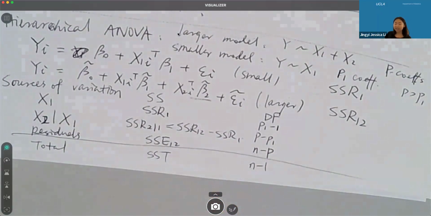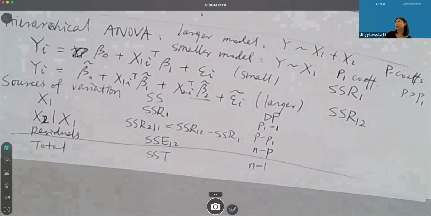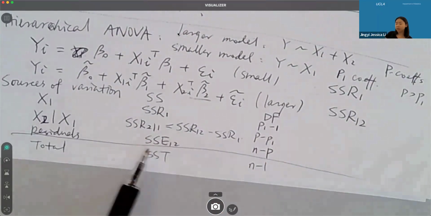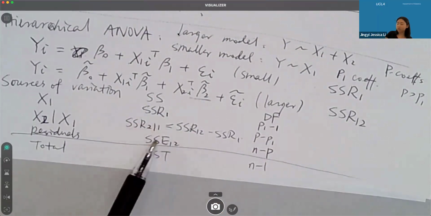All right, and then when we look at the F statistic, what is that? We're trying to see whether this contribution, X2 given X1, is significant. To answer this question, we are going to compare this SSR2 given 1 to the errors, SSE12.